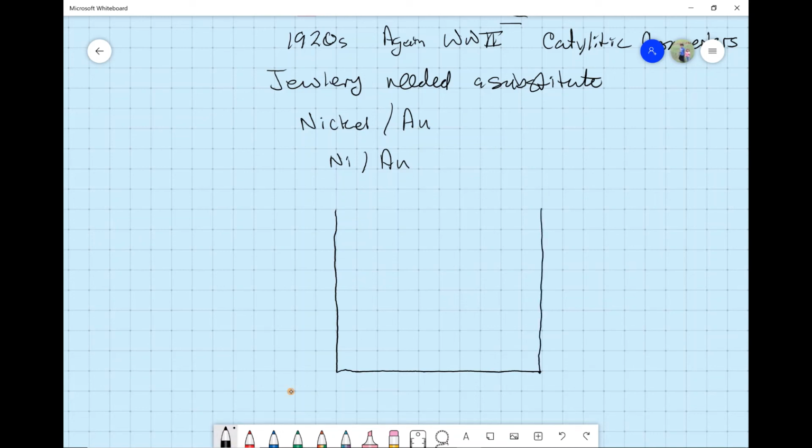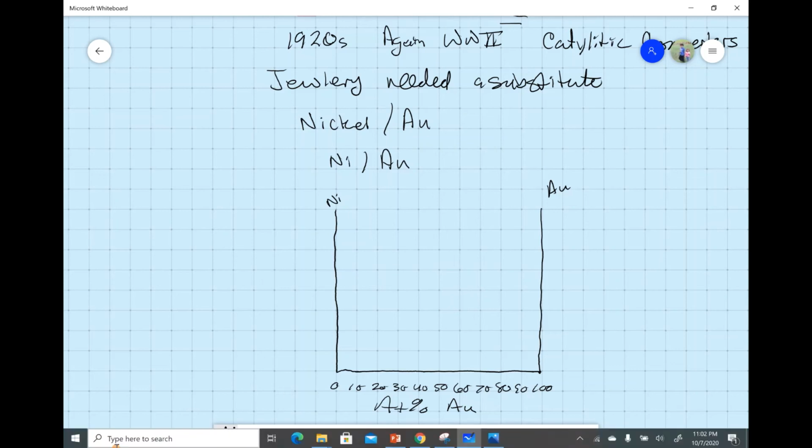And we can just say 0, 10, 20, 30, 40, 50, 60, 70, 80, 90, and 100. So this would be weight percent or atomic percent. And in this case, we can plot nickel and gold. So this is atomic percent gold. Gold here, nickel here. And this is going to be lattice parameter.